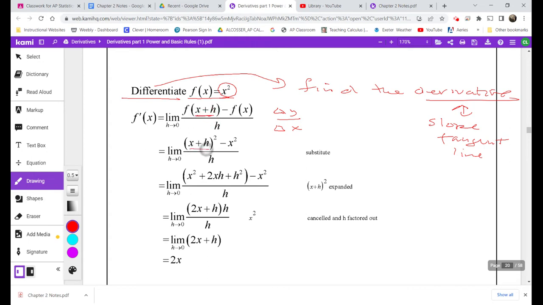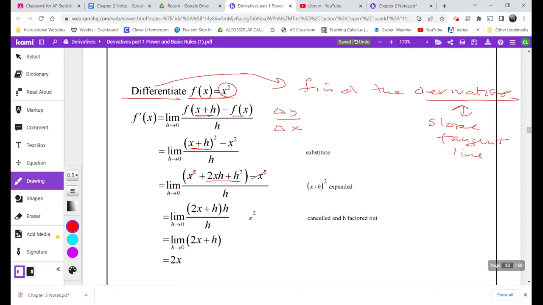X plus h is now x, so it's x plus h squared, minus the function itself, which is x squared. We do some algebra and get x squared plus 2xh plus h squared, and that's what they mean by expanded. Now this x squared and this x squared cancel, so I'm left with this piece.